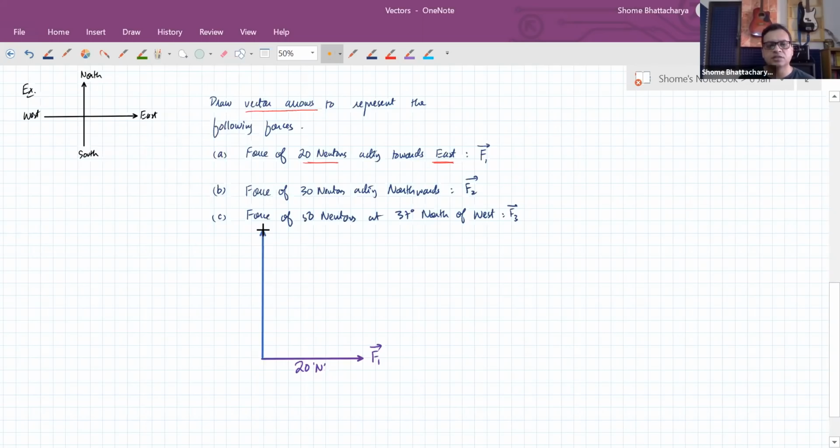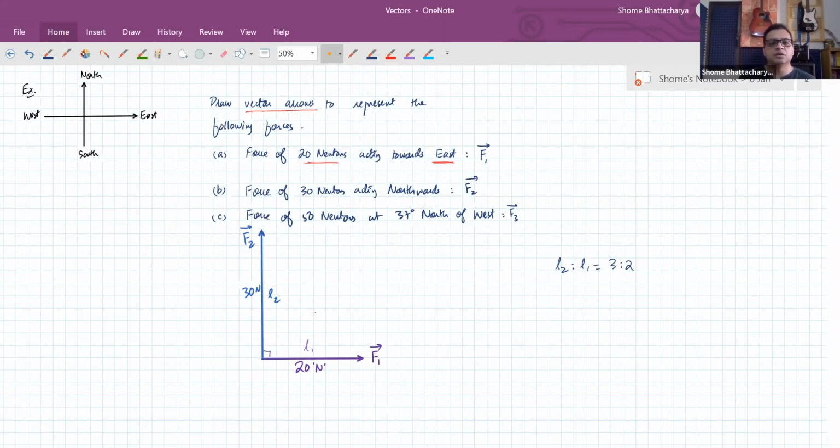I'm drawing this roughly, so I'm not going exactly according to scale, but the lengths should be in the ratio 3:2. Whatever the actual length L2 of this one and L1 of this one, L2 is to L1 should be equal to 3:2, because their magnitudes are in the ratio 30:20 or 3:2. And of course they are perpendicular to each other, as you can see.